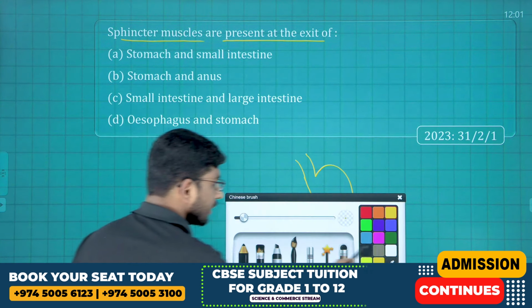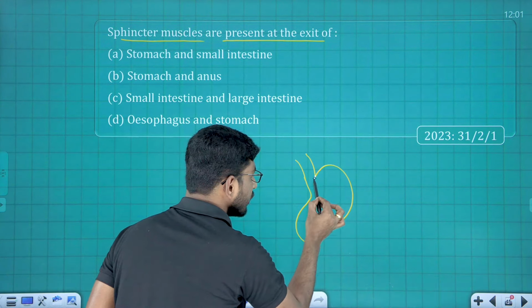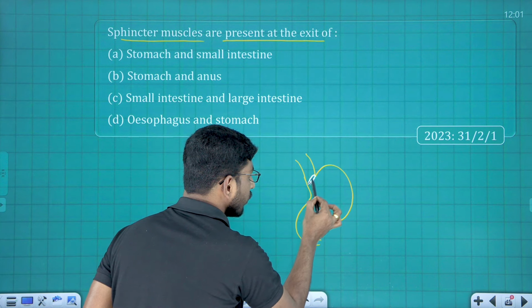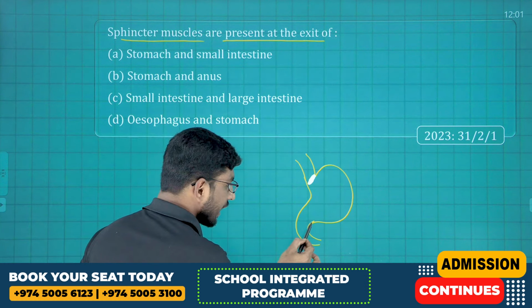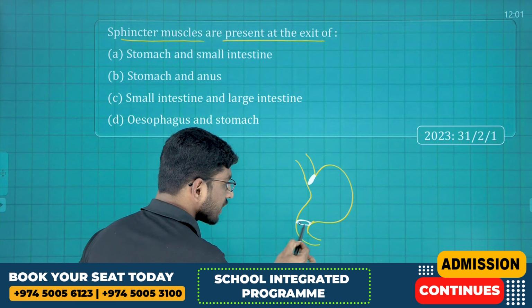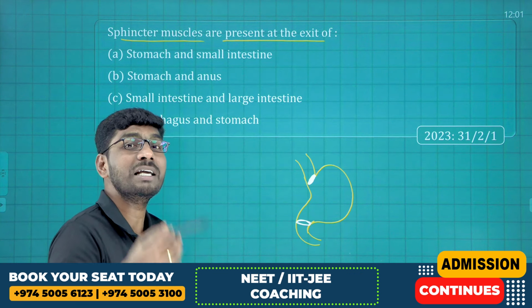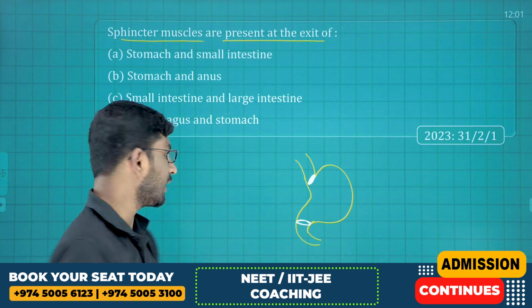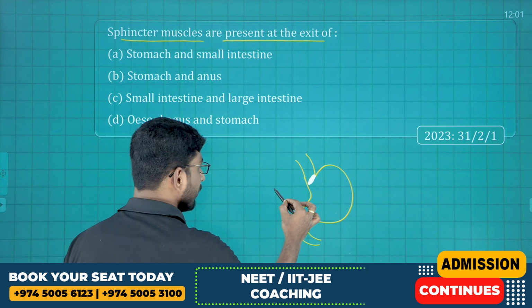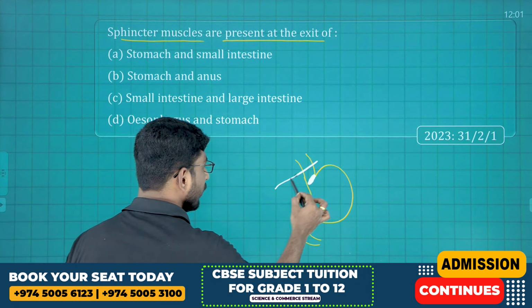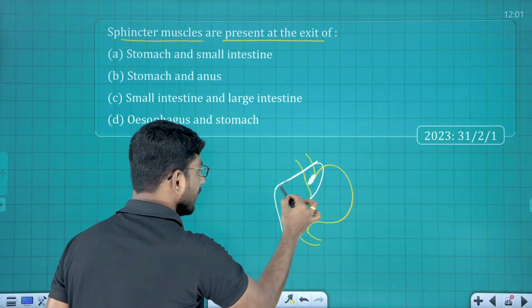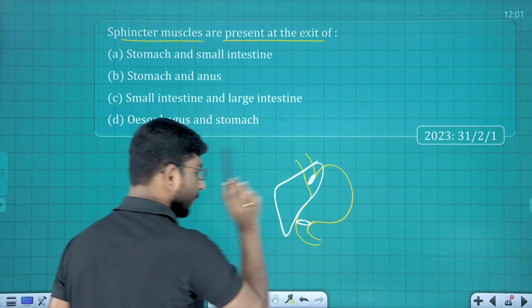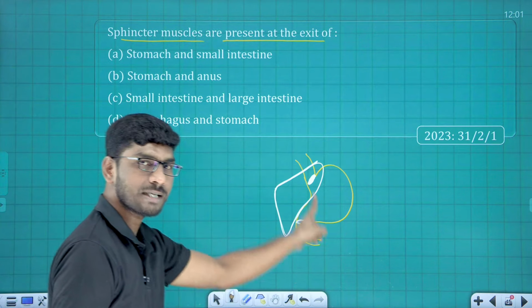There is one sphincter at the end of the esophagus and the beginning of the stomach. The second is at the end of the stomach and the beginning of the intestine. And on this side we have one bilobed large exocrine gland. What is that? The liver. Clear, students? Two sphincters are there.